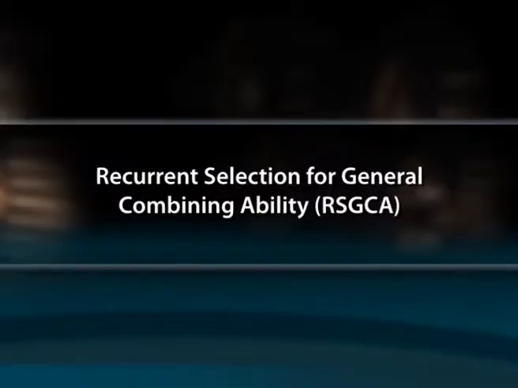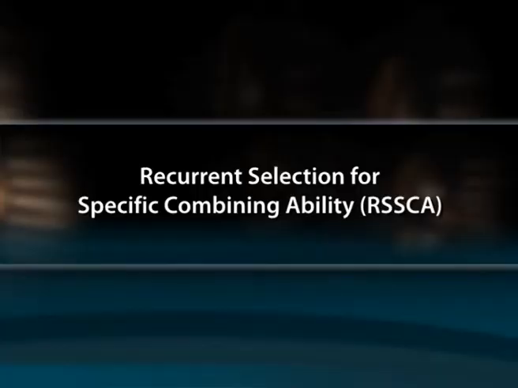The second one is recurrent selection for general combining ability or RSGCA. A form of recurrent selection used to improve the general combining ability of a population for a character, and the heterozygous tester is referred to as RSGCA. It is also known as half sib recurrent selection. The third one is recurrent selection for specific combining ability or RSSCA.